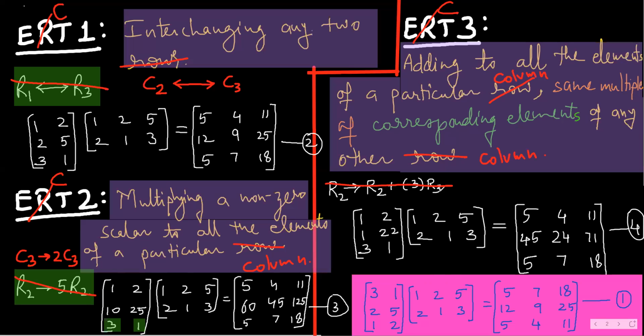So how would it go? The notation, say I'm writing C2 changes to C2 plus 5C3. So what will I do? I will multiply 5 to the elements of C3, and then whatever I get, I will add it to the elements of C2. Now I will write the whole thing in detail.